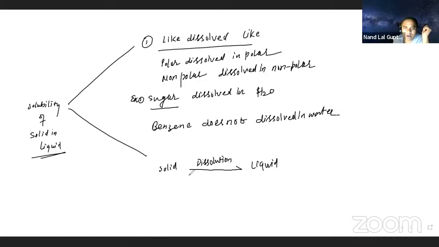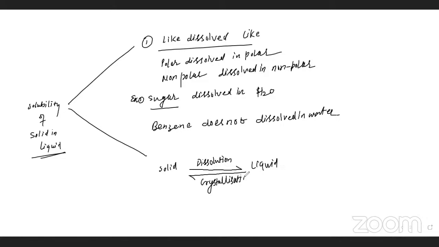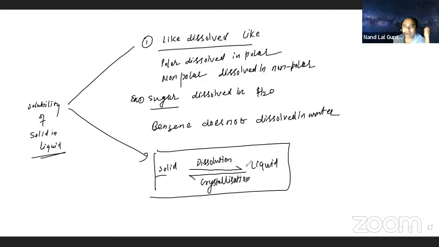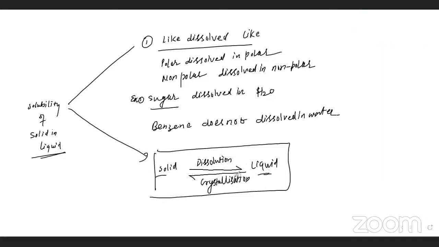And if it is converting from the liquid back to solid, that is called crystallization. These two processes exist in equilibrium. When a solid dissolves in the liquid at a certain concentration, these two processes occur simultaneously. That is the dynamic equilibrium.